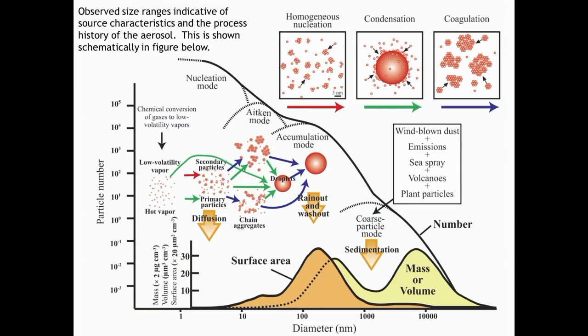It's got the longest lifetime of all particles because it's not removed by diffusion and it's not removed by deposition. And then the coarse particles are removed by sedimentation. So if you remember roughly this figure, then that's pretty much all of the processes you need to understand about atmospheric aerosol.